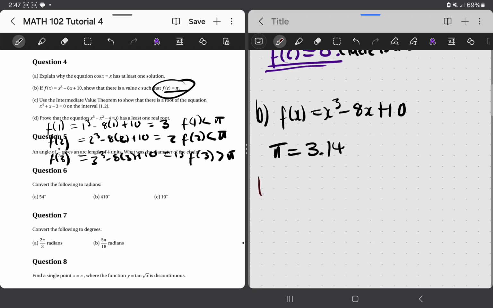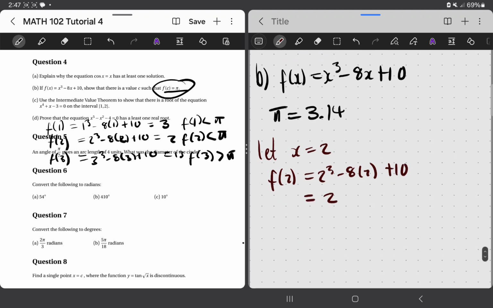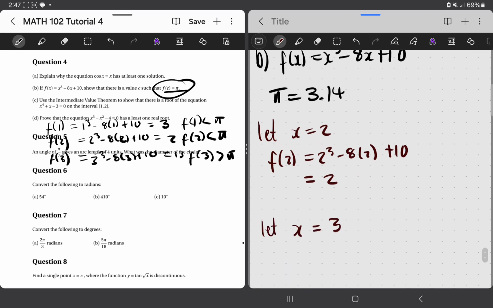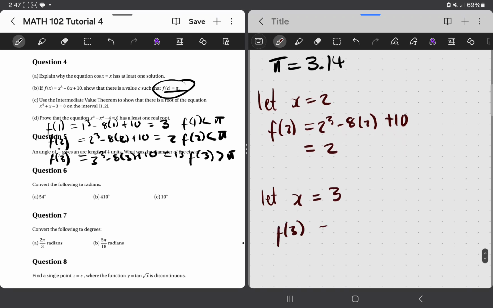So you say, let x be equal to 2. f of 2 will be equal to 2 cubed minus 8 times 2 plus 10, which is equal to 2. Then let x be equal to 3. f of 3 is equal to 3 cubed minus 8 times 3 plus 10, which is equal to 13.